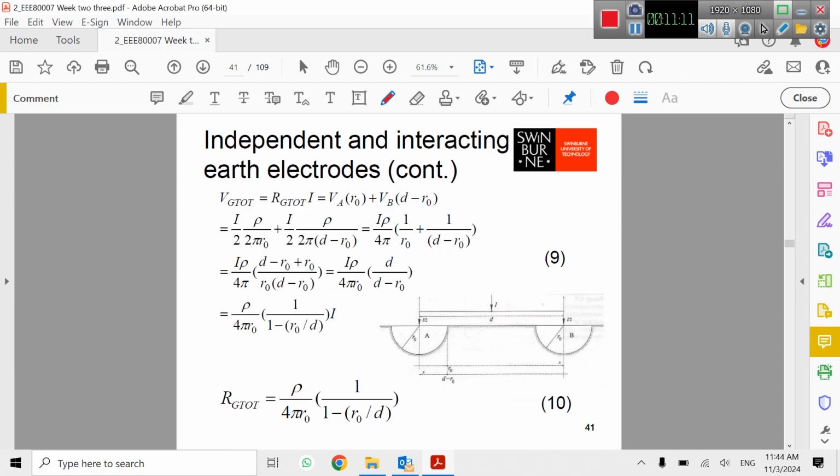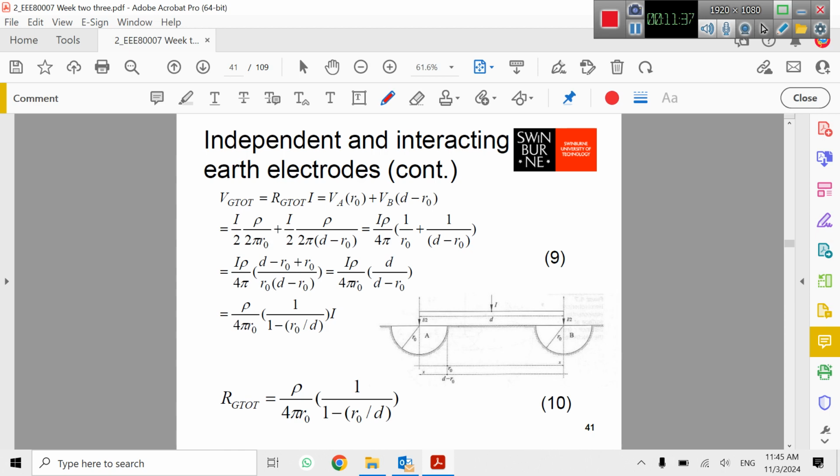Here you can see I over 2 is the current, as I mentioned here. I over 2, I over 2. And we know rho over 2 pi R0 is the formula to calculate the ground resistance. This is for A, and this for B is D minus R0.